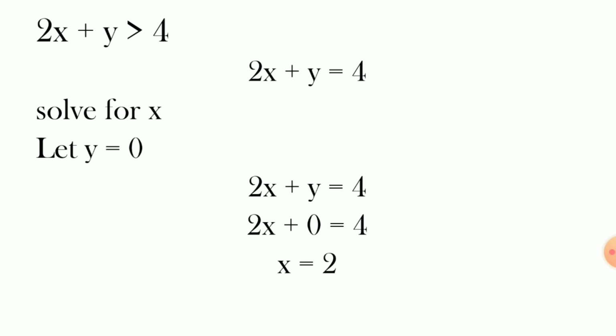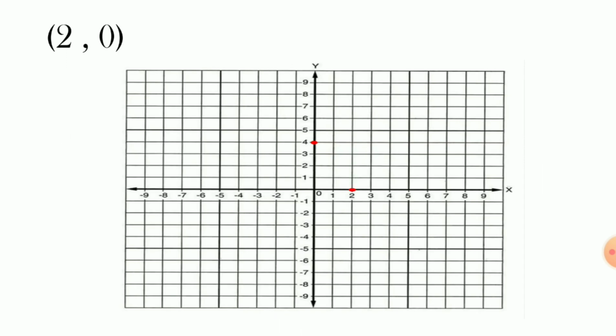Then we have the ordered pair 2 and 0. Then locate the point on the Cartesian plane. The ordered pair 2 and 0 lies on the x-axis. Since the inequality symbol that we use is greater than, then we will use a dashed boundary line.